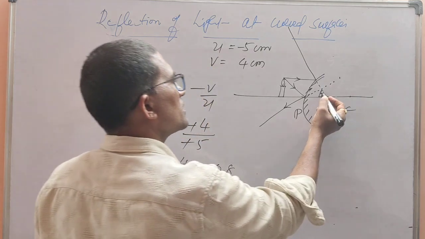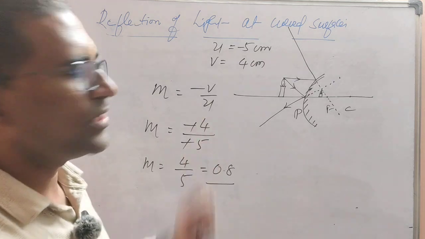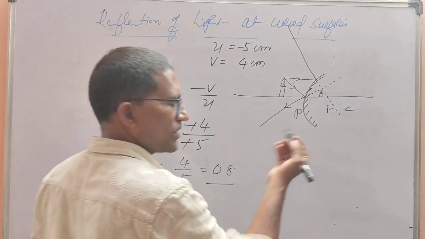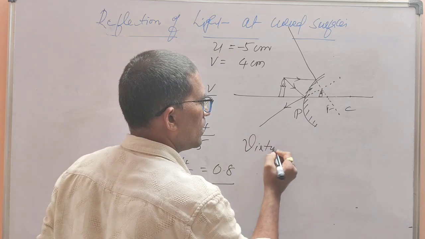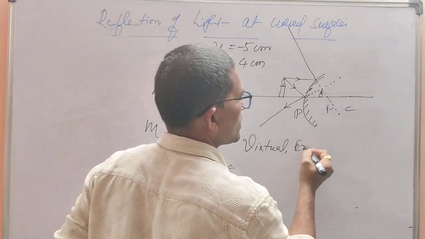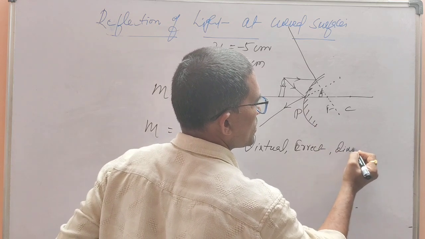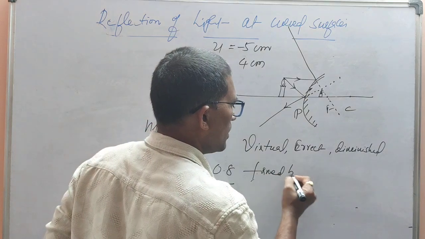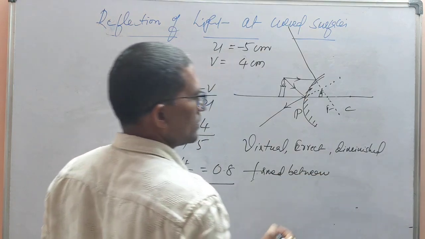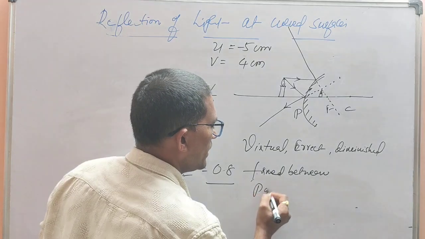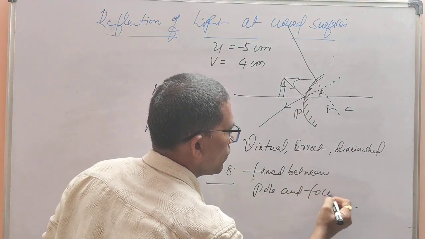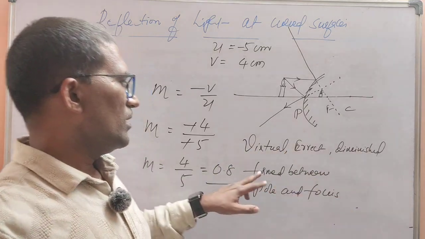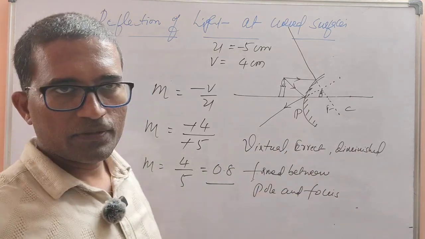What type of image is it? Virtual, erect, diminished, formed between pole and focus.